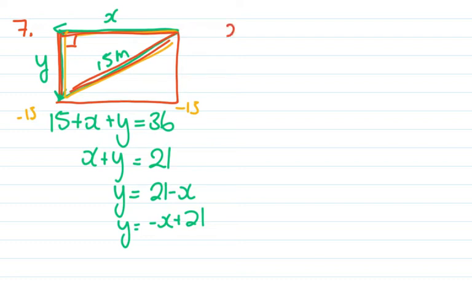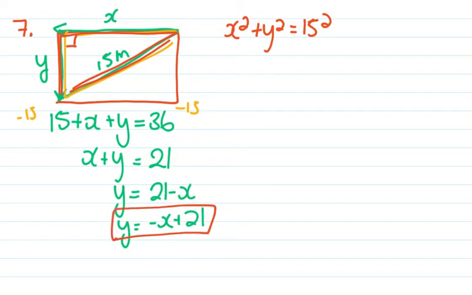So I could do x squared plus y squared equals 15 squared, using the Pythagorean theorem. So since I know that y equals negative x plus 21, I can use substitution, call these equations 1 and 2, put equation 1 into equation 2, and then I'll be able to solve for x and y.